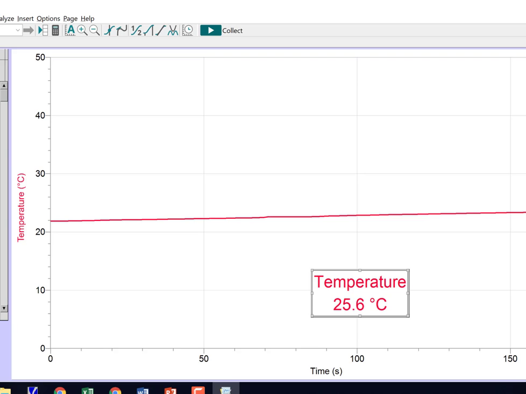So this released 50 times 4.18 times 3.3, 690 joules. And that's how chemists measure how much heat a reaction gives off. They let it happen in water and measure how much the water changes temperature. Make sense?